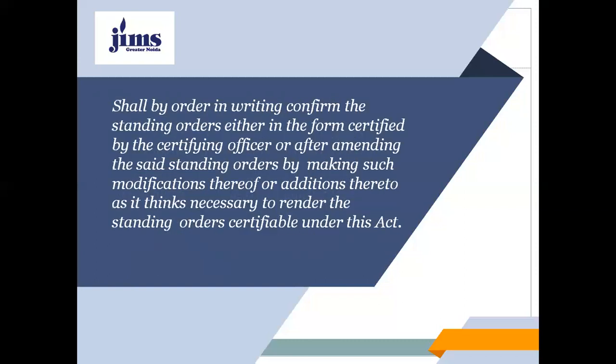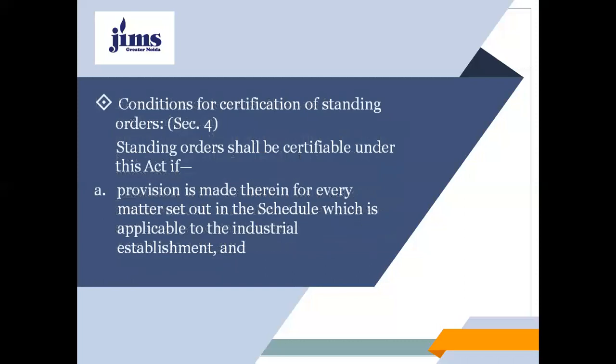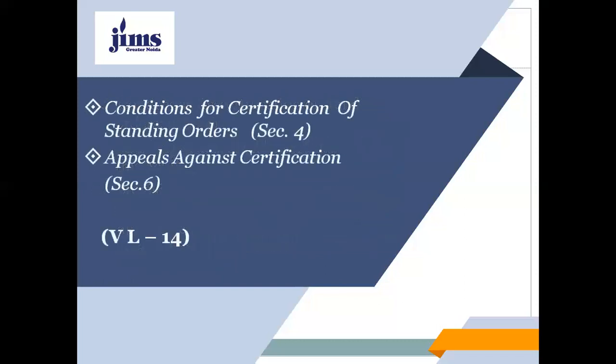So once again, quickly, my dear students, we will have a quick look at what we have covered today. We have covered the conditions for certification of standing orders, section 4, and the appeals against certification, section 6.